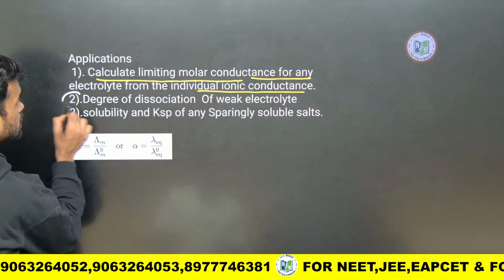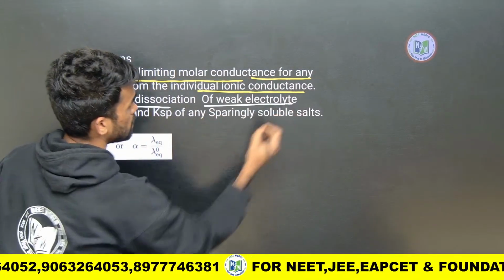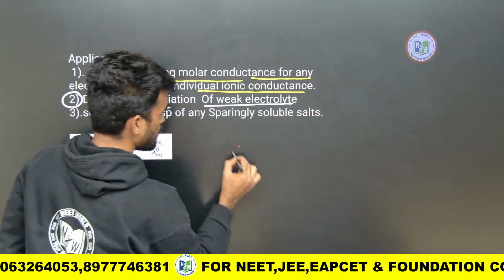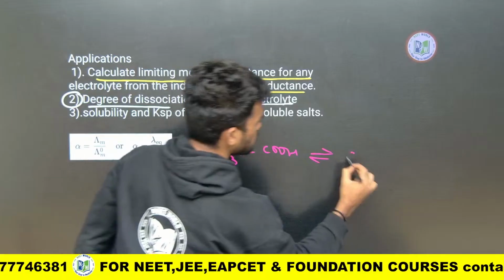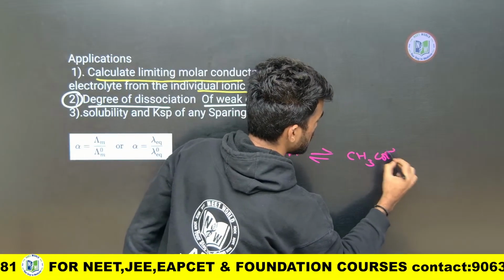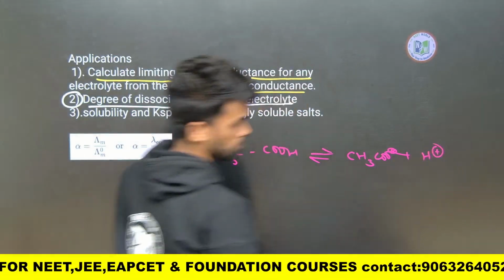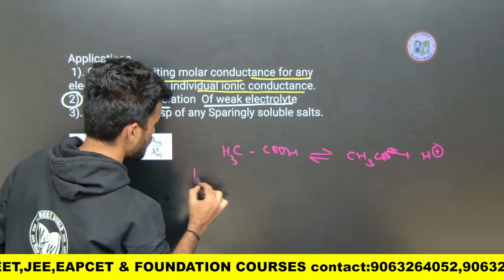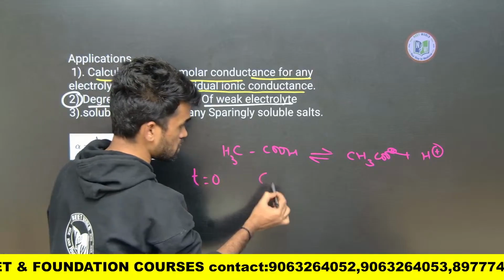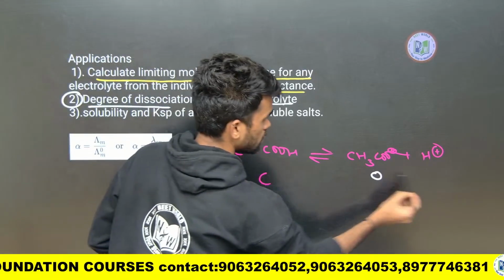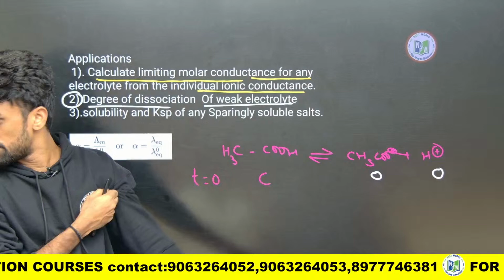So what is the other application I have told you? The second application is finding the degree of dissociation of a weak electrolyte. See, for example, acetic acid, if we say this is a weak electrolyte, it gives acetate and H plus. Now let us say initially, at the beginning, the concentration I am taking is C, and there will be no ions at the beginning.